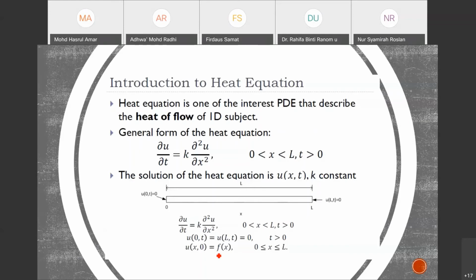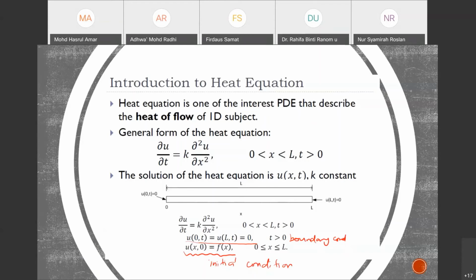Now, what we call the initial condition. What we know here we call the boundary condition, and the second one we call the initial condition. So what is the initial condition? The initial condition is the temperature or the heat along the rod when t equals 0.